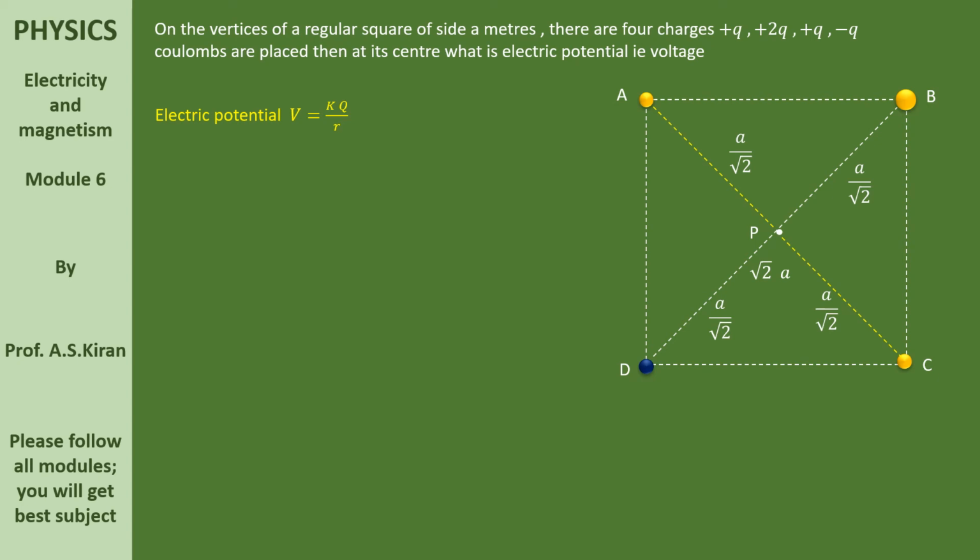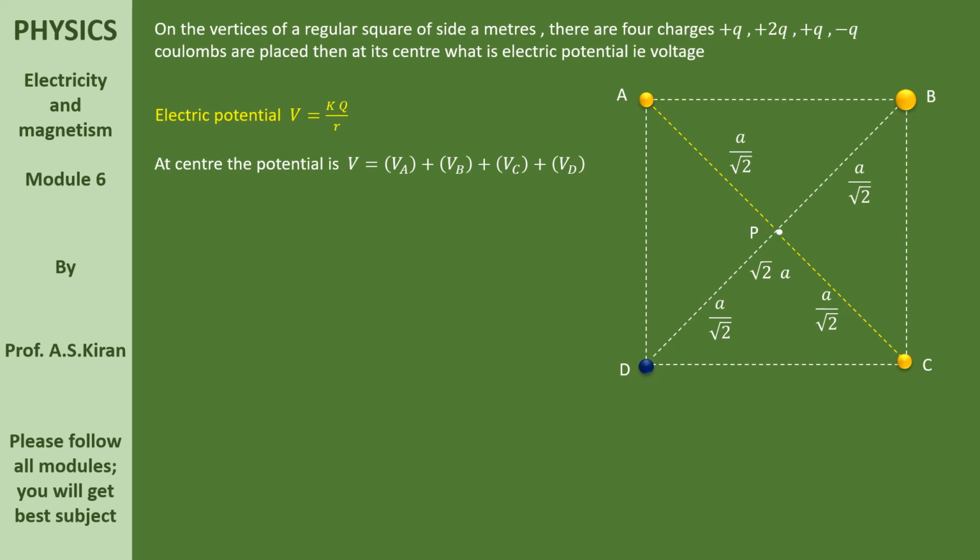Now, already we know what is electric potential at a distance r. That is V is equal to kq by r. By using this formula, it's very simple. At the center, it is a scalar summation because potential is a scalar quantity.